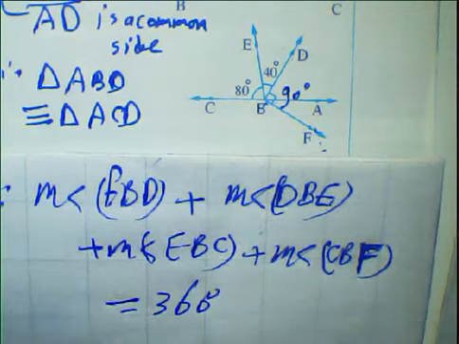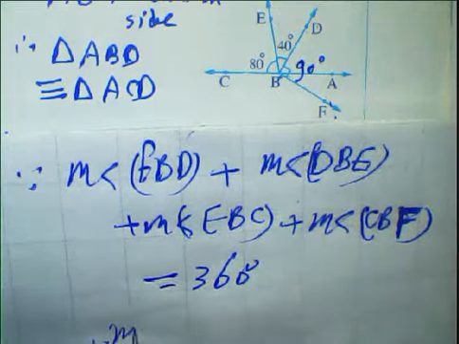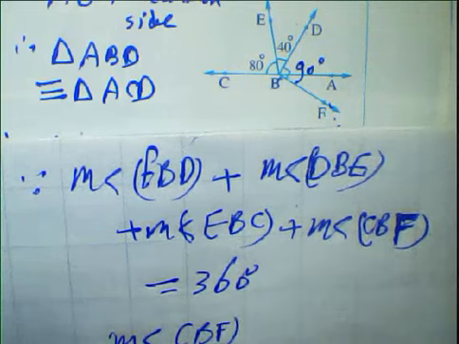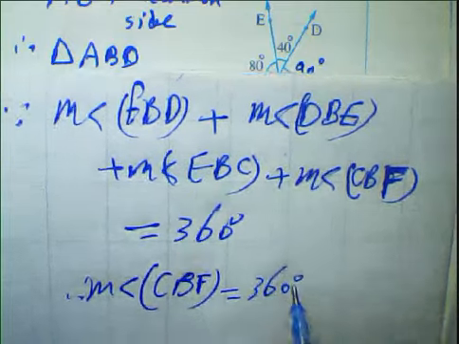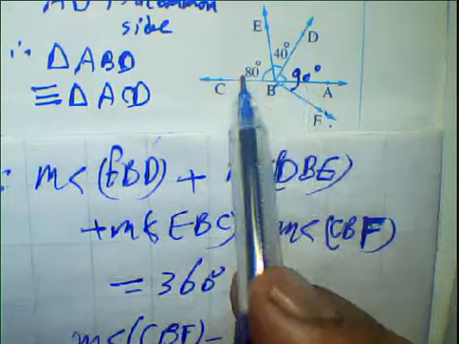We have a cumulative angle. Then the measure of angle CBF will be equal to 360 subtract the sum of all angles here, 90 plus 40 plus 80.